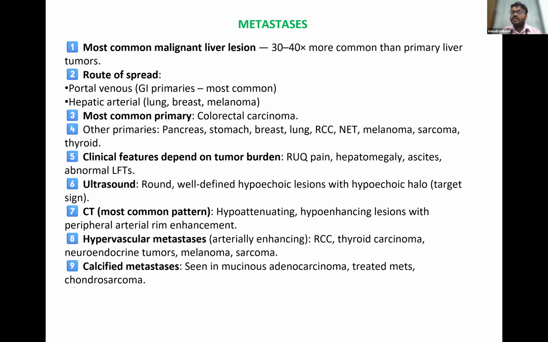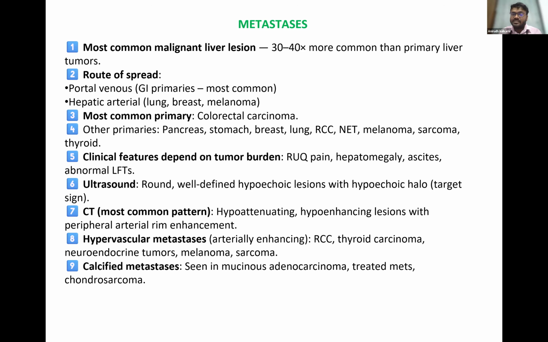Hypervascular mets: in the examination or when you are attending the classes or seminar, they will ask this question: what are the tumors which will produce hypervascular mets? They will produce hypervascular mets everywhere in the body, like RCC, thyroid carcinoma, neuroendocrine tumors, melanoma, sarcoma.